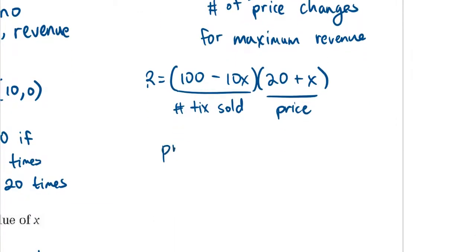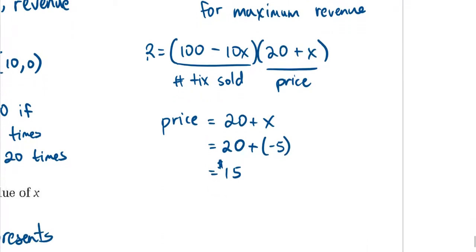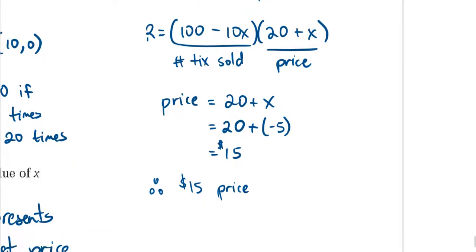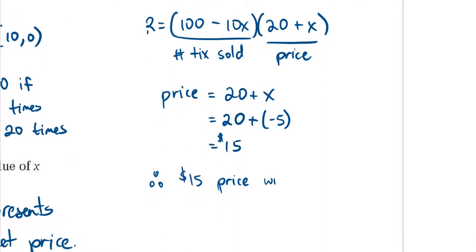So the price that would maximize the revenue is equal to 20 plus x. And so if x is negative 5, I'm going to do 20 plus negative 5, which is $15. So a price of $15. So therefore, a $15 price for your tickets will maximize the revenue.